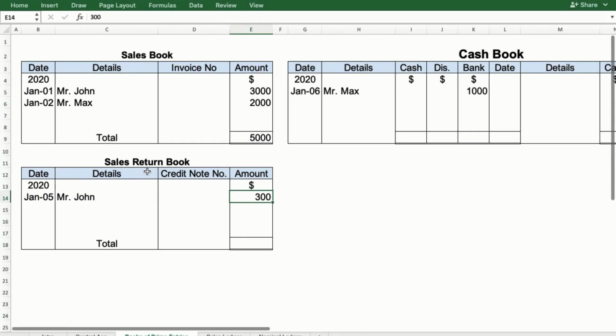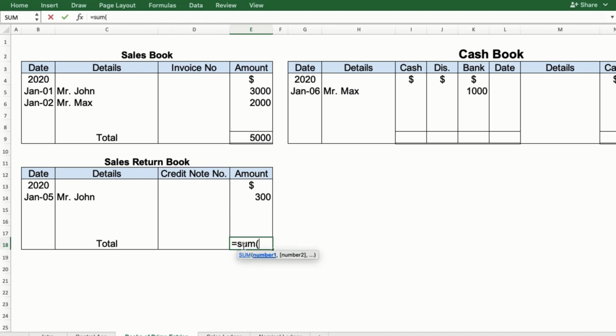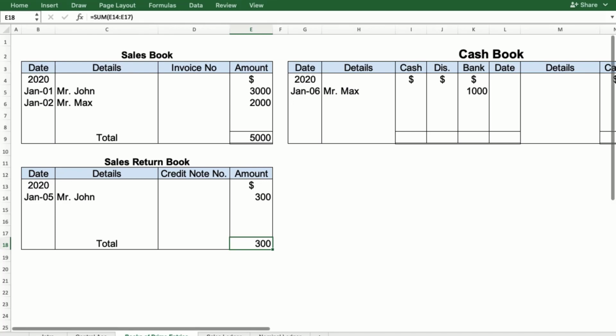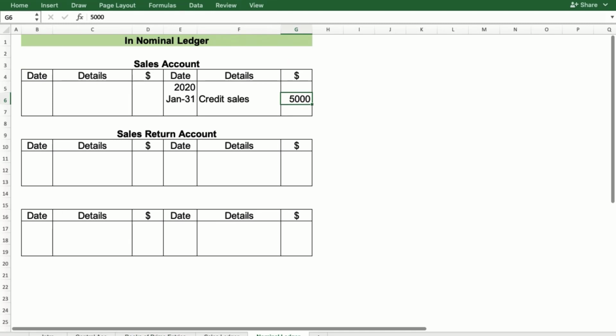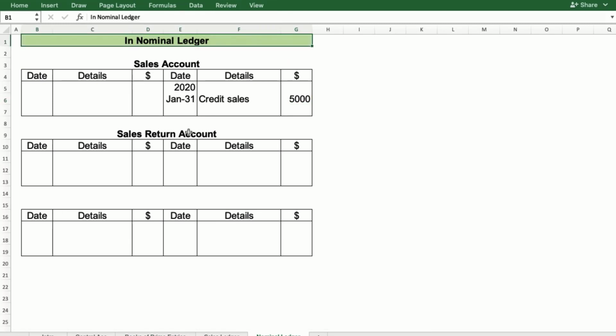Okay. Now the next posting will be with the total, and the total of the sale return book is $300. So this total will be posted in the sale return account, which we will find in the nominal ledger. And sale return represents what? Decrease in revenue. So decrease in revenue means debit. So this $300 will be posted on the debit side of the sale return account in the nominal ledger. So here we have the nominal ledger and this is our sale return account.